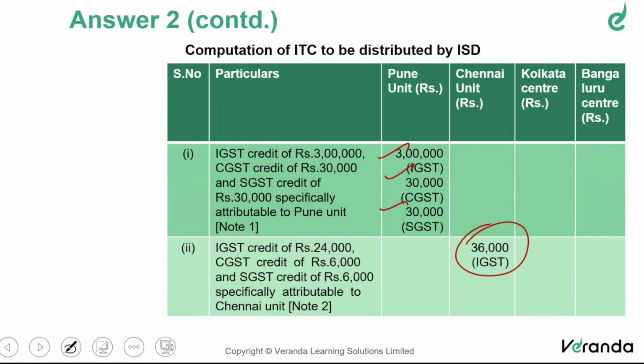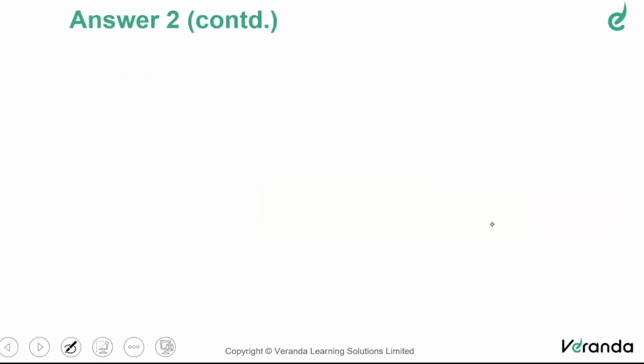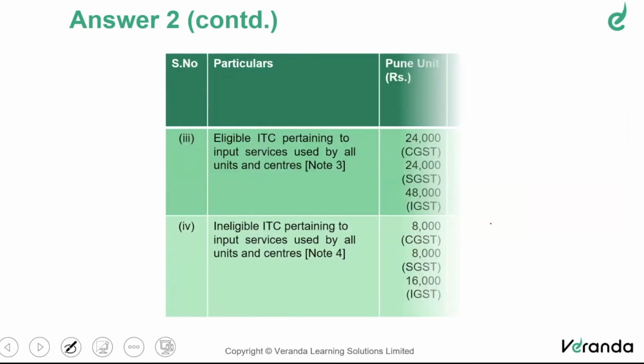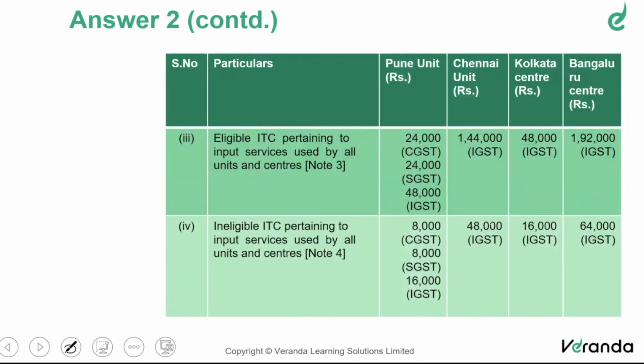Just a second. I'll take the question so I need not keep skipping forward. Coming to the next one, ITC attributed to more than one unit. 3 items were there, but the second one we ignored because it is inputs. Now, let me go to the first one. If you can remember the first point, we had eligible ITC and ineligible ITC separately, correct? Yes.